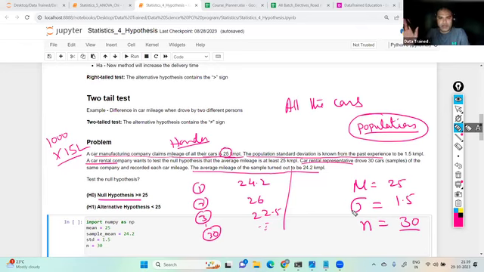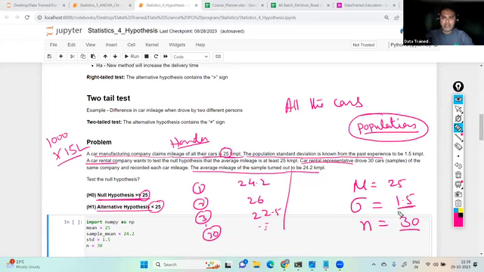That is the null hypothesis: whatever they claim, we assume that it is correct. What is the null hypothesis in our case? Equal to or greater than 25 kmpl. We are going to test it, which means we are going to conduct an alternative hypothesis test. The alternative hypothesis is less than 25, the opposite of the null hypothesis.